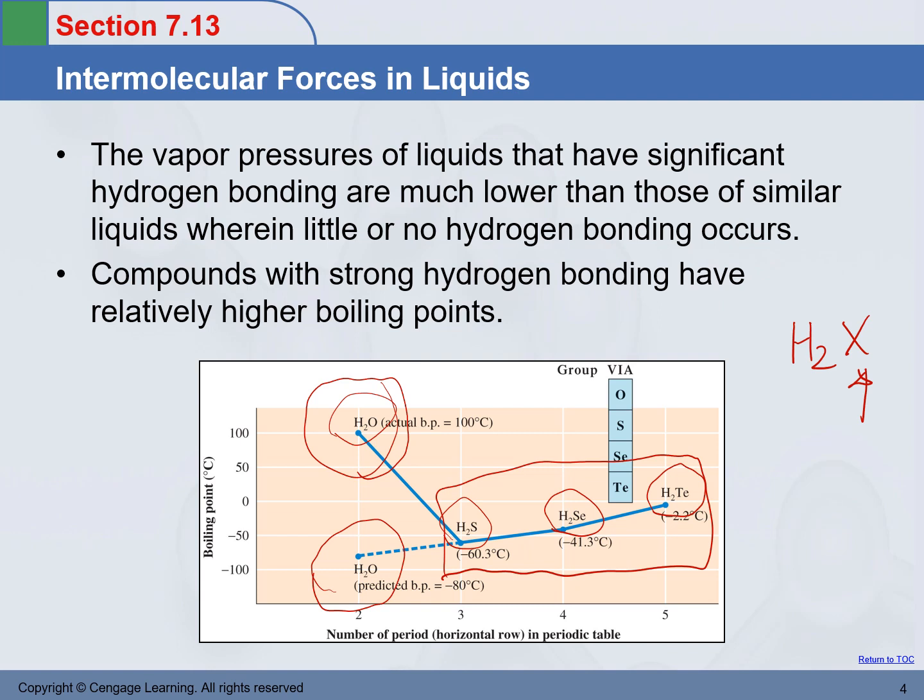Why is that? Because between water molecules, there is a special kind of intermolecular force, hydrogen bonds, which is the strongest intermolecular force, way stronger than the other two kinds. As a result, water's boiling point is unusually high.